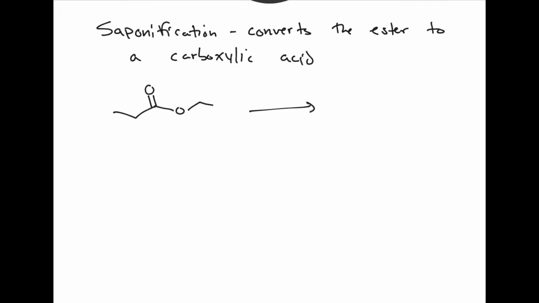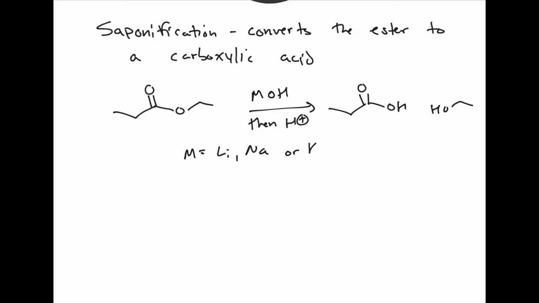You have an ester. You have hydroxide. This one you have to have the then H plus, and you will make a carboxylic acid, and you'll have your alcohol fragment that was on your ester. The metal here, again, is the big three: lithium, sodium, or potassium for the most part.